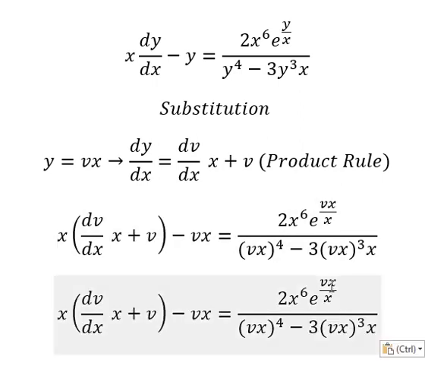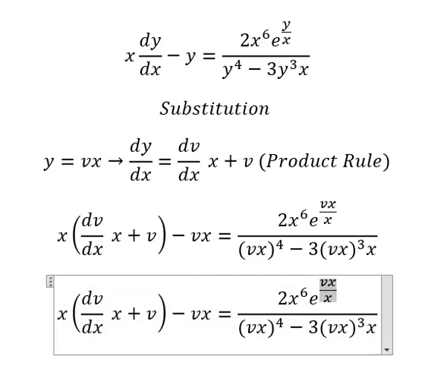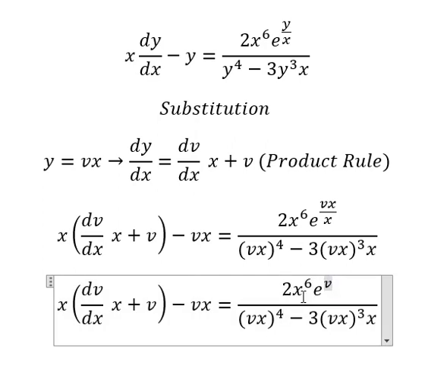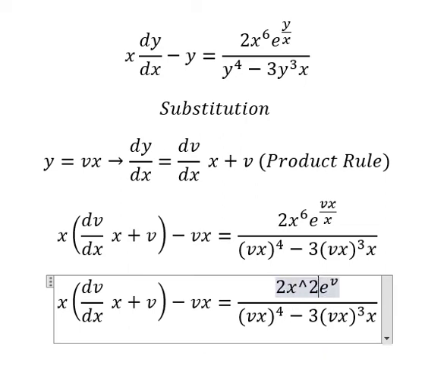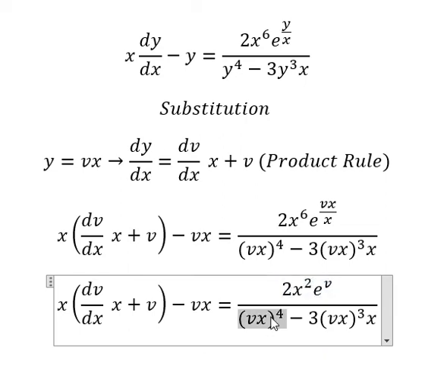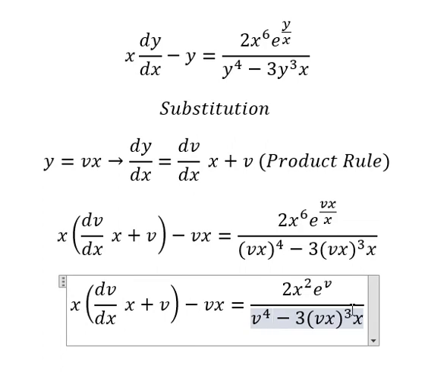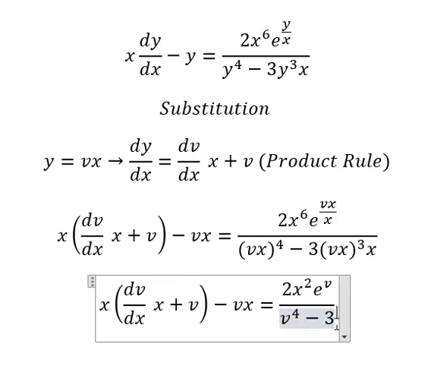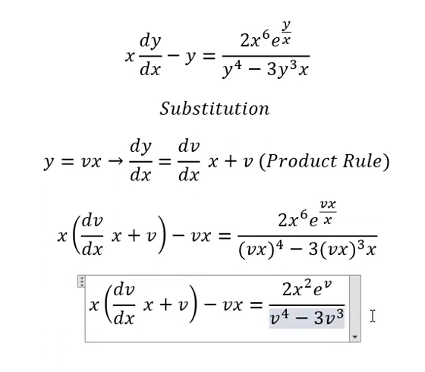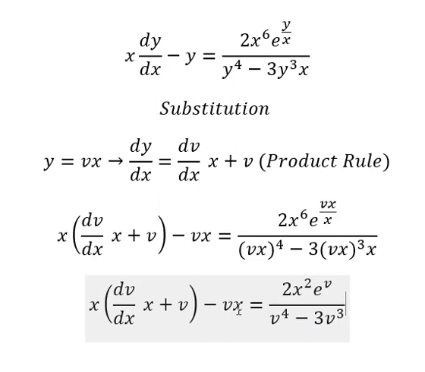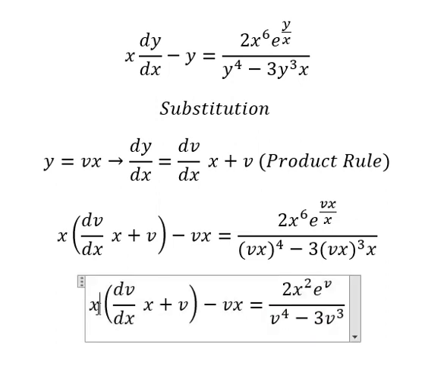Now we need to simplify s. s to the power of 6 and s to the power of 4 we simplify. So we have s and s, we simplify again.